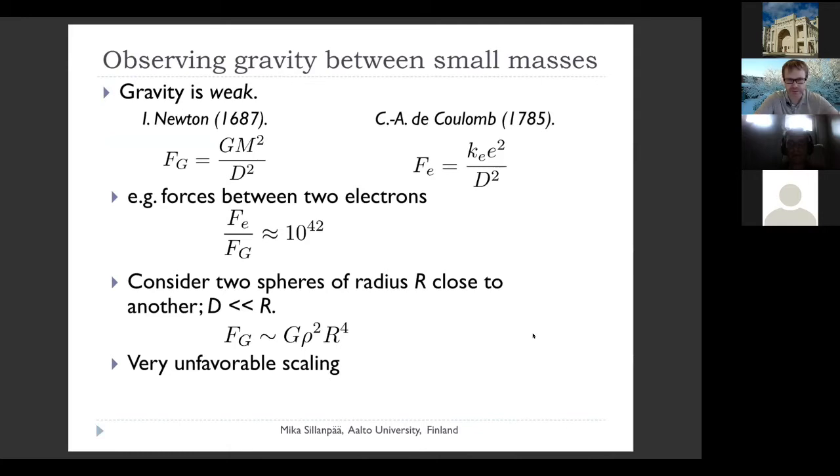Then a few words about gravity, which is not too strong as we know. So I'm often now here thinking of 2 equal masses of capital M, separated by the center of mass distance, capital D. And it would be interesting to compare the gravity to the Coulomb force at the same distance between, for example, 2 electrons.